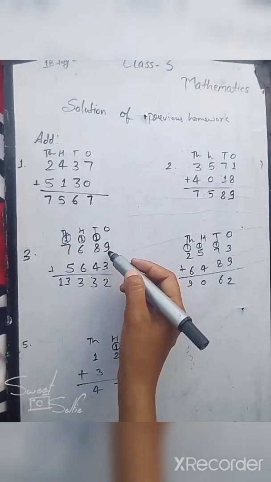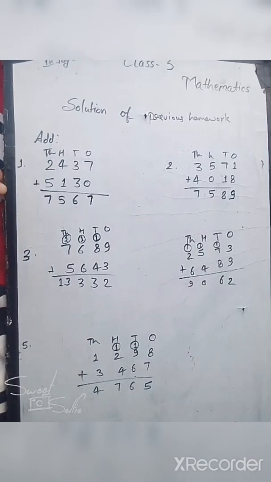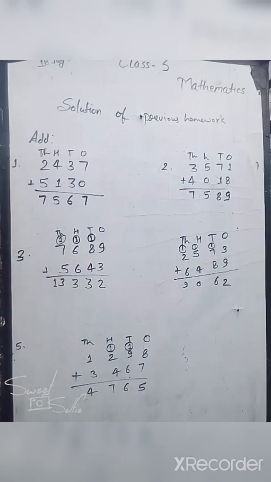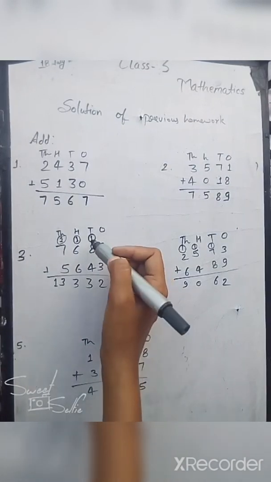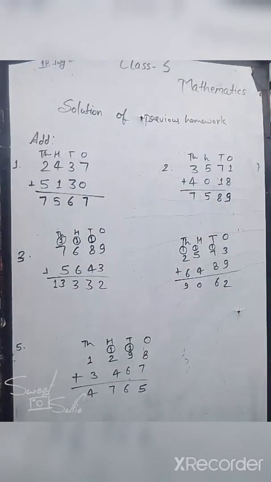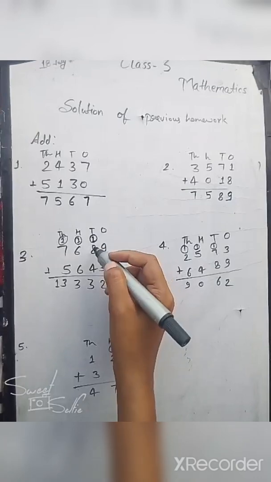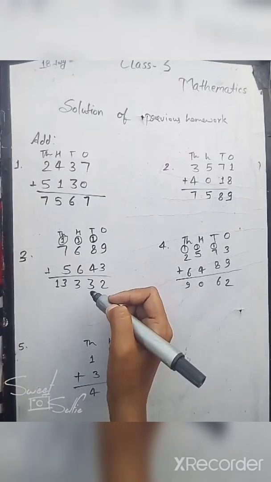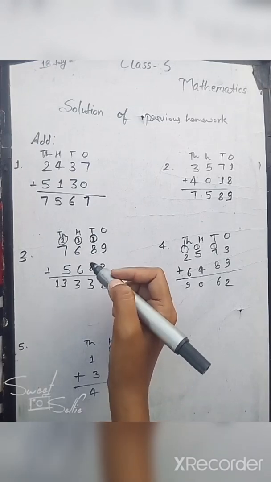Number third, here again we will start from ones. So 9, 3, 12. We will write only 2 and 1 carry at tens place. And now we will add tens place numbers. So 1, 8, 9 and 9, 4, 13. In 13, we will write 3 at tens place and 1 carry on 100.